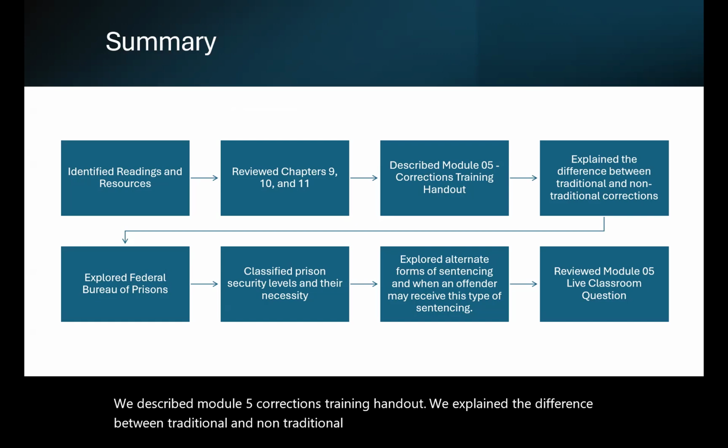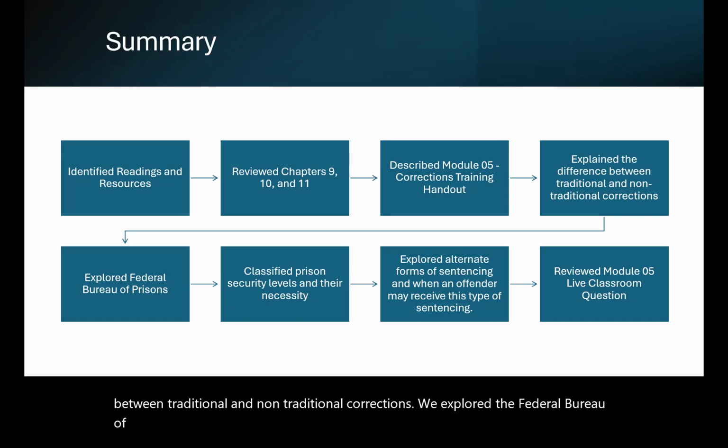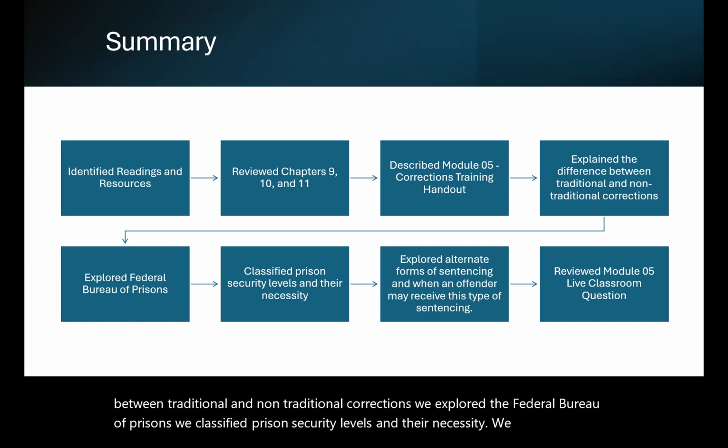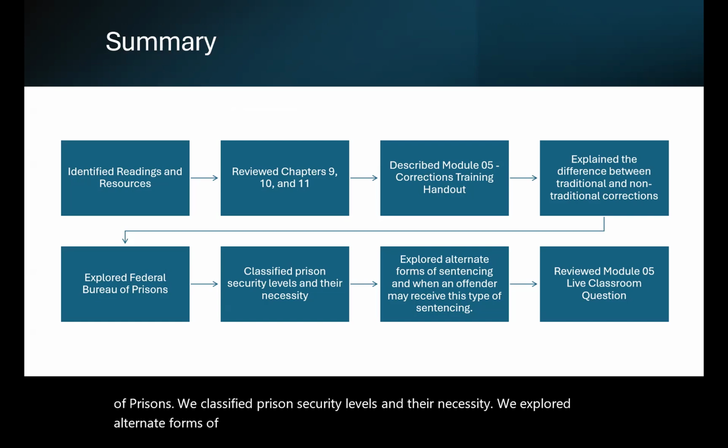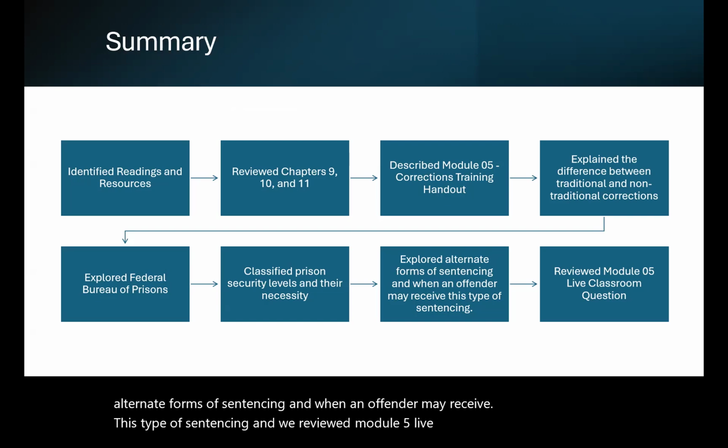We explored the Federal Bureau of Prisons. We classified prison security levels and their necessity. We explored alternate forms of sentencing and when an offender may receive this type of sentencing. And we reviewed the Module 5 live classroom question.